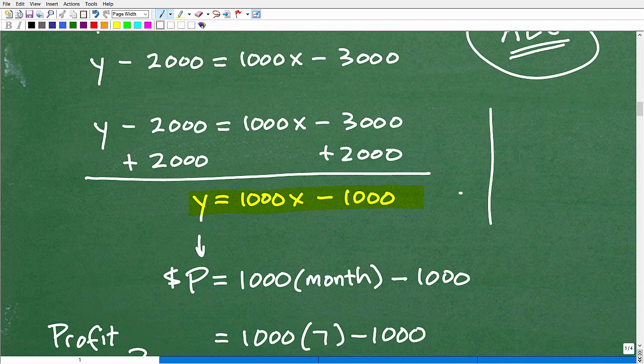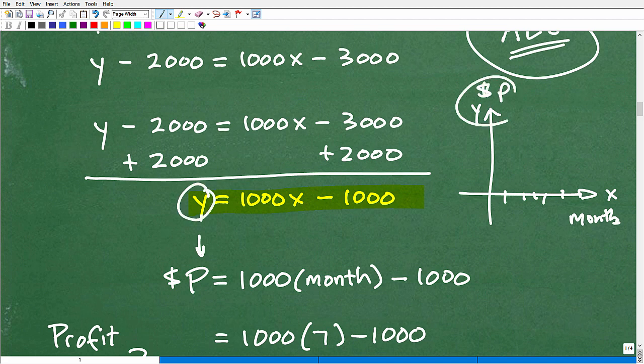But remember my y-axis. Remember on our little chart there, I had months this way. These were the months, which represented the x-axis, and my y-axis was my dollars, my profit. So y is really profit. So I ended up with the equation of the line as y equals 1,000x minus 1,000.